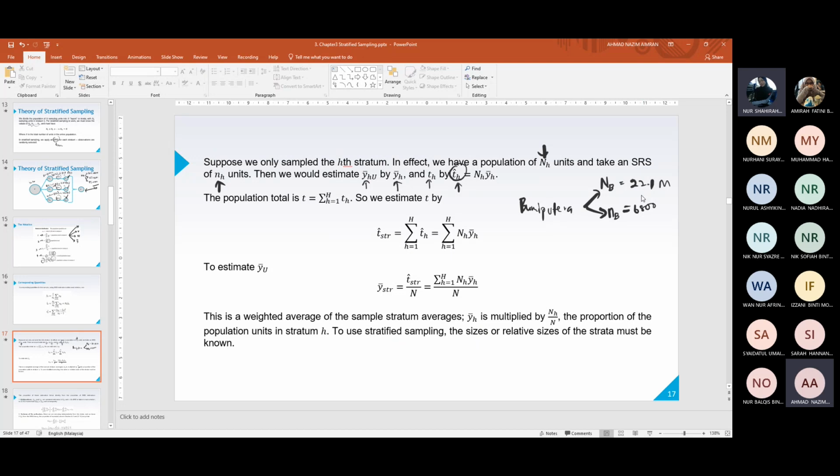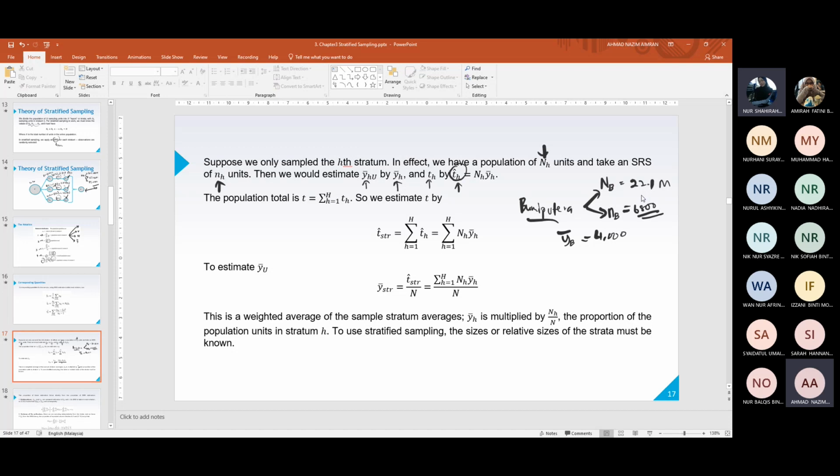Okay, let's look at an example. Let's say we have calculated the mean salary of the 6,800 Bumiputra, and the mean is equal to 4,000.